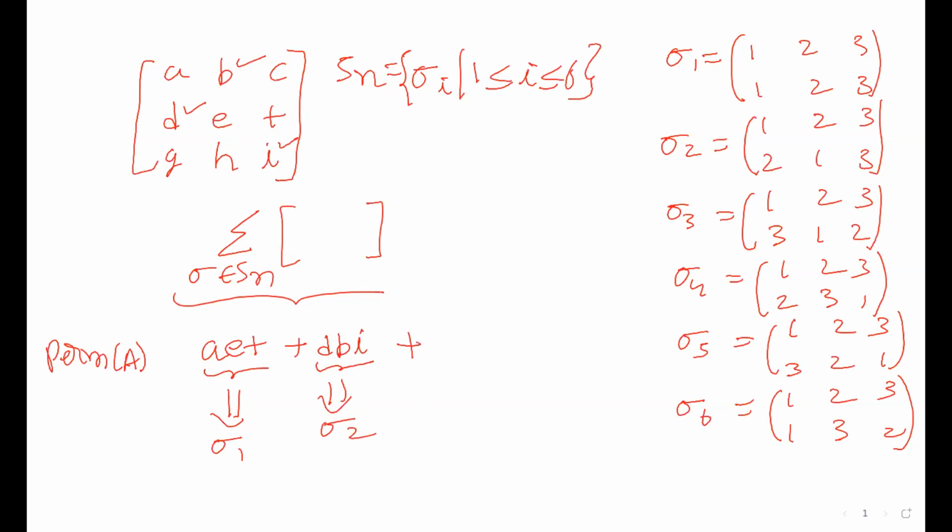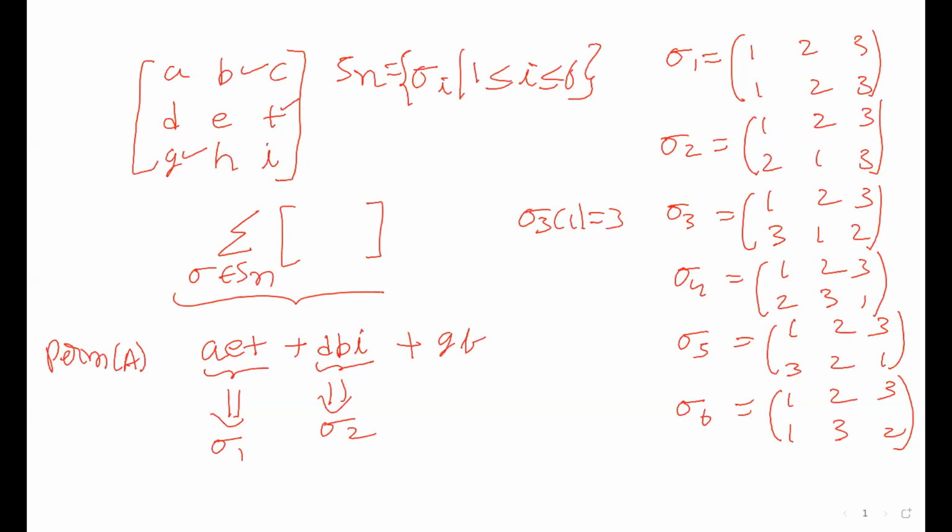Plus, now let's come to 3. In column 1, you pick the third element because 1 maps to 3. In column 2, we pick element 1. In column 3, we pick element 2. And the product of these three is GBF.